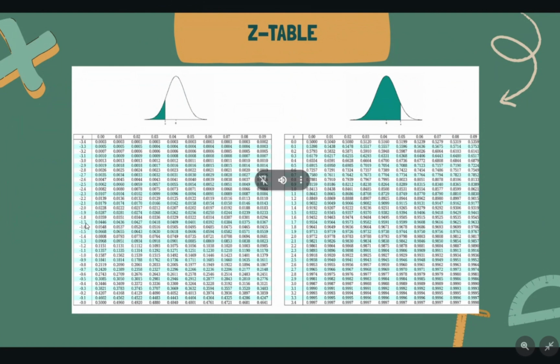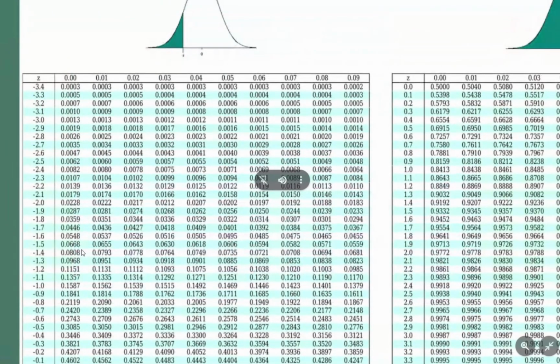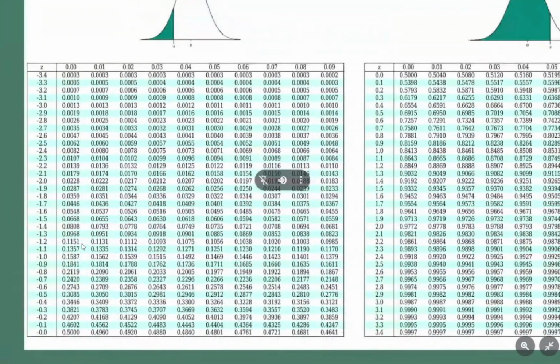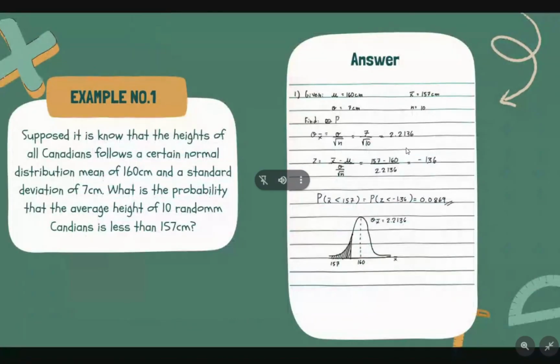So we look for -1.3, then our second decimal of 6, as clearly stated on our Z-score table, 0.0869.